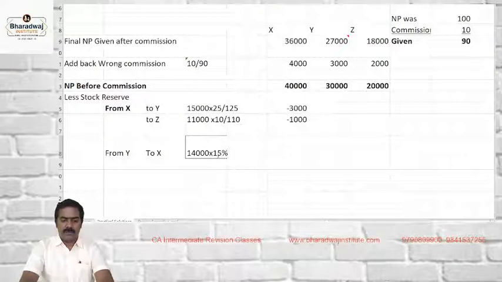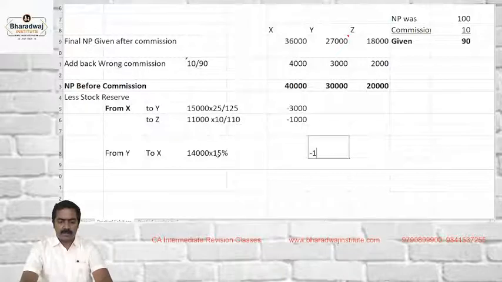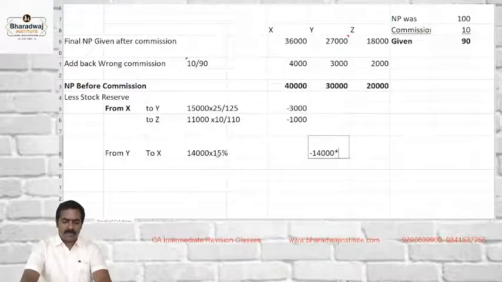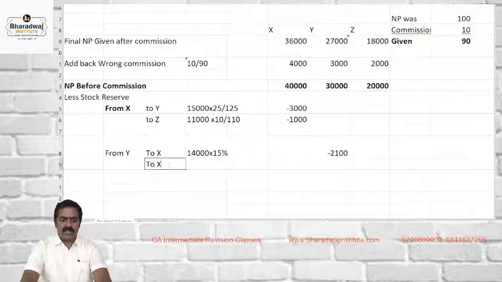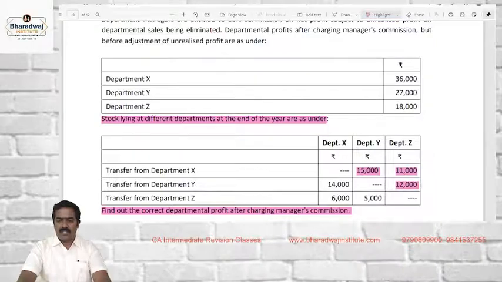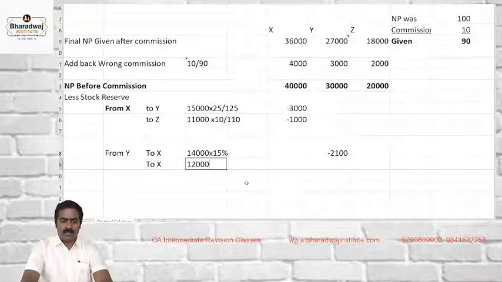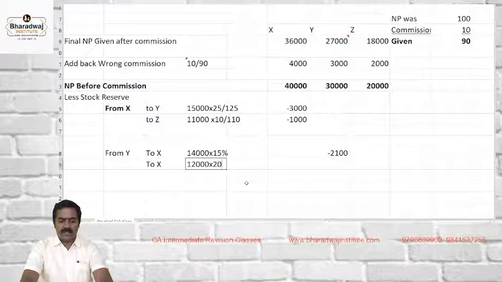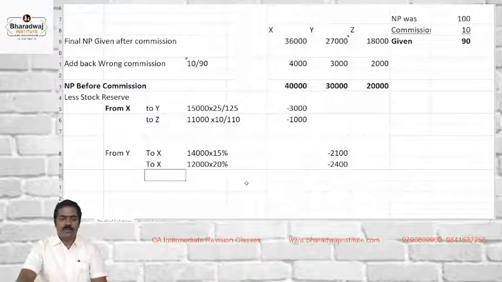This into 15%. 14,000 into 15%. Because Y transferred, Y's column. Then to Z, how much of stock is kept? This 12,000 into how much percentage? 20%. 12,000 into 20%. How much? 2,400.